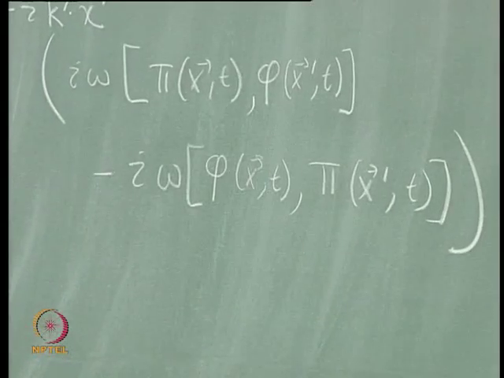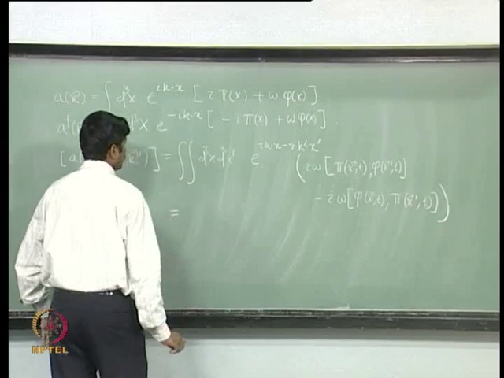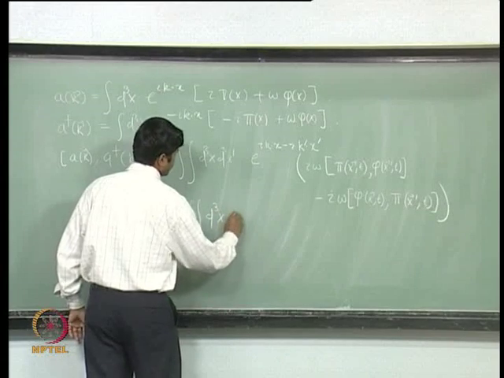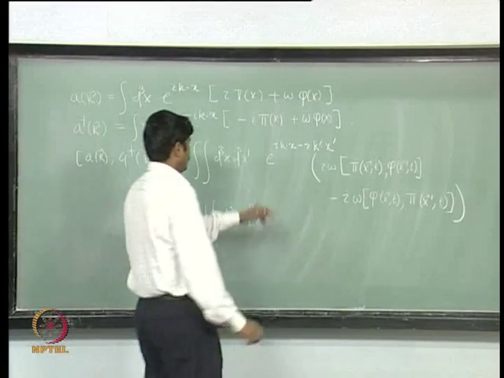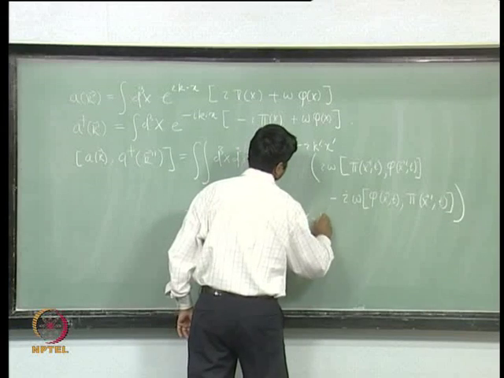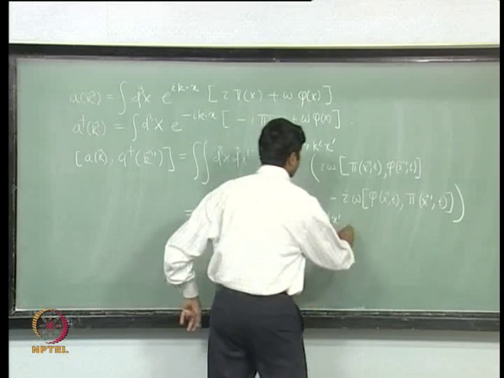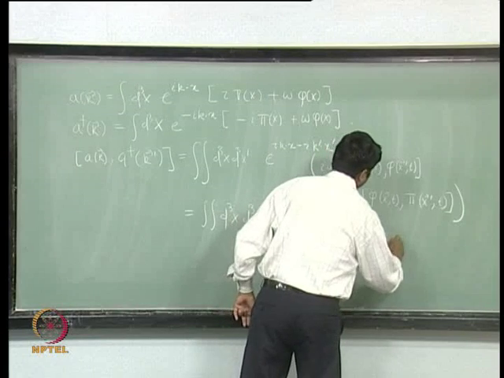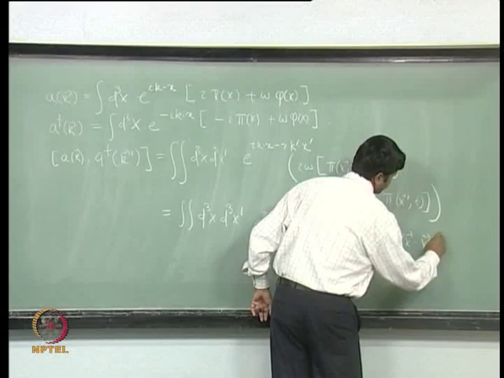So, when I use that, what I get is the integral d cubed x d cubed x prime e to the power i (k dot x minus k prime dot x prime), and 2 i omega times minus i delta(x minus x prime).